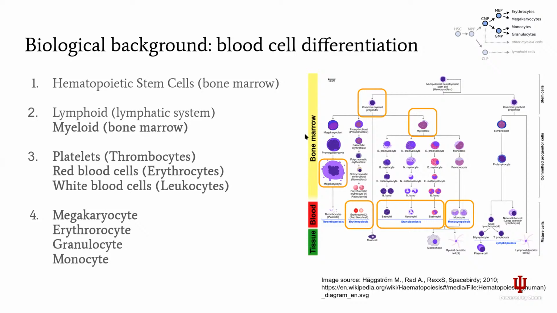So we have blood stem cells that are generated in the bone marrow, the hematopoietic stem cells, and they can differentiate. Either they differentiate further in the bone marrow, and that's the myeloid system, or they go into the lymphoid system where we have the lymph nodes.